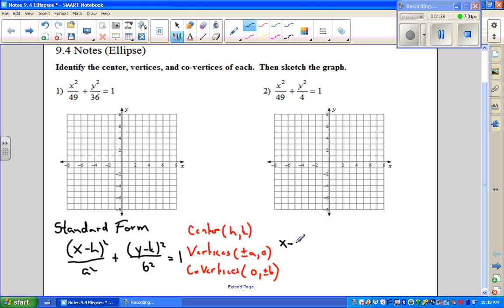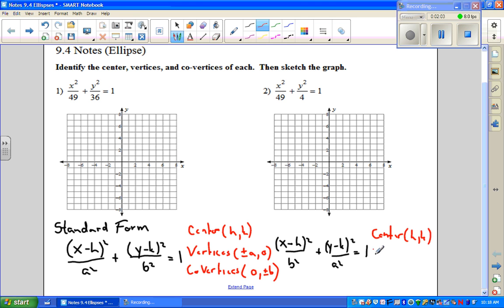Now, the second standard form that I want to show you is pretty similar. It's (x minus h) squared, and then you have (y minus k) squared, equal to 1. Except this time, instead of having the a squared underneath your x, you have b squared, and you have a squared over here. The center, no different this time. Your center is still at h comma k.